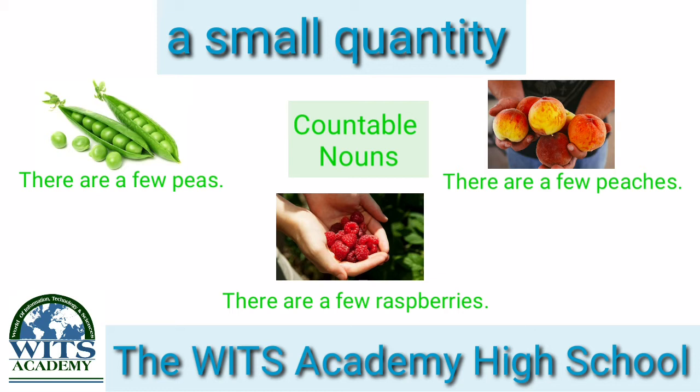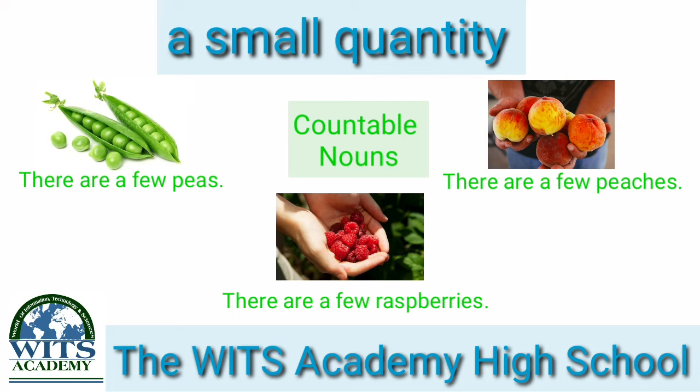And when we use plural nouns, we put the helping verb are as I have used in these sentences. So, students, a few is used to describe a small quantity of a countable noun. I have used a few with peas, peaches, and raspberries, and all three nouns are countable.